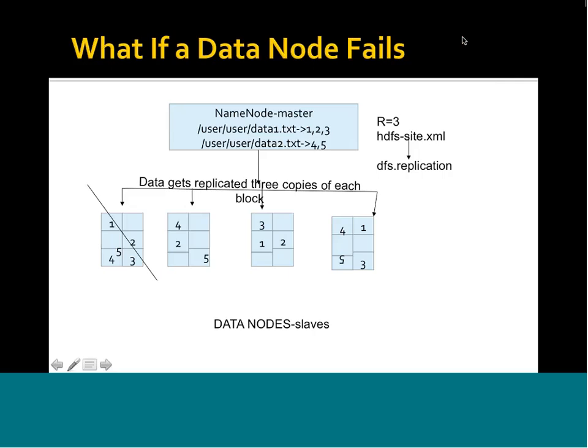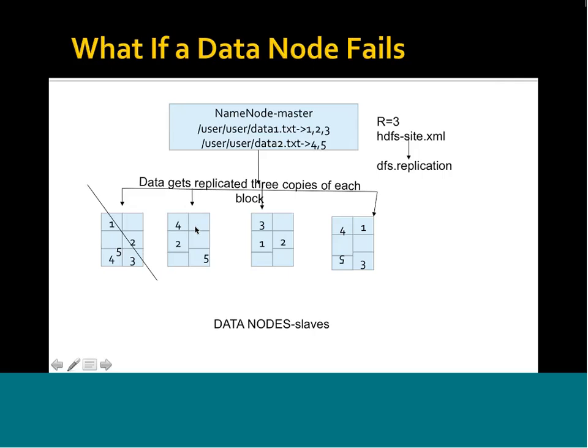Okay, and it depends on the failure scenarios also. So, for example, this is one of the scenarios where your data is stored and you have R equal to 3, and if you see it is set up in hdfs-site.xml. So, once this data is stored here, it maintains replicas 1, 1, 1, right? If this fails, your 1 is already available here, right? Apart from this, your Hadoop, once it finds that data is not there in the data node because data node is now dead, what it does is it immediately tries to create a new replica and it will try to write it here.